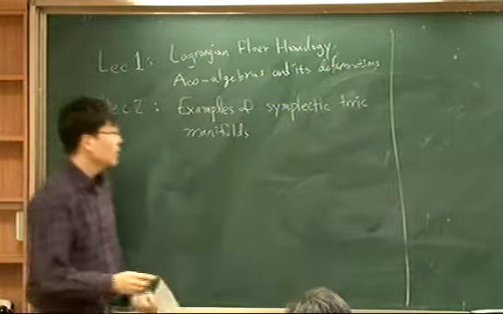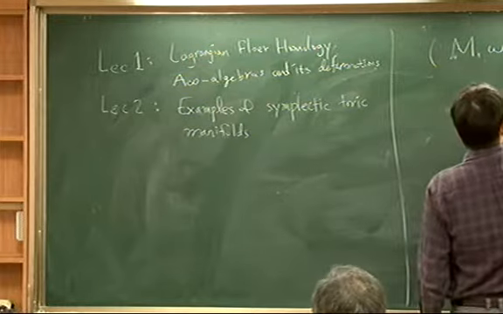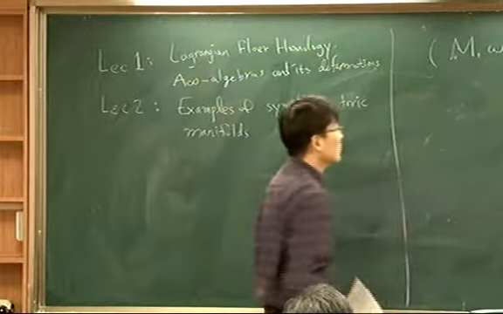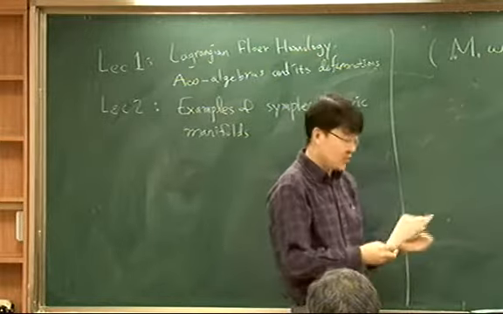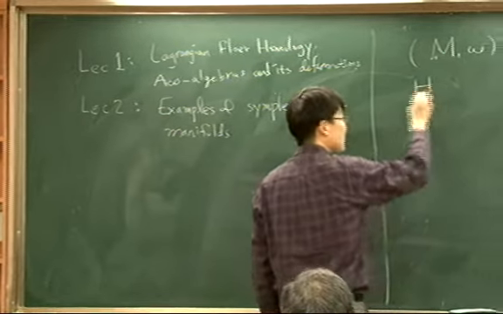Okay, so let's start with symplectic manifold. So we have a closed two-form which is non-degenerate, and let me briefly review what a Hamiltonian vector field is.